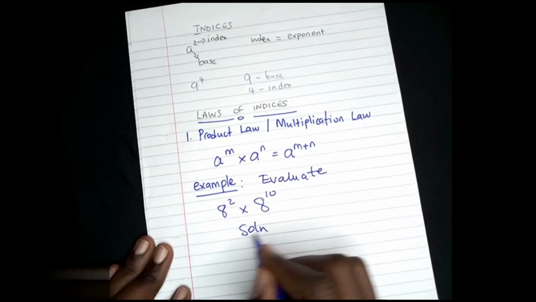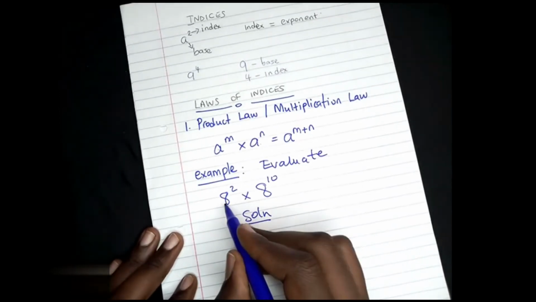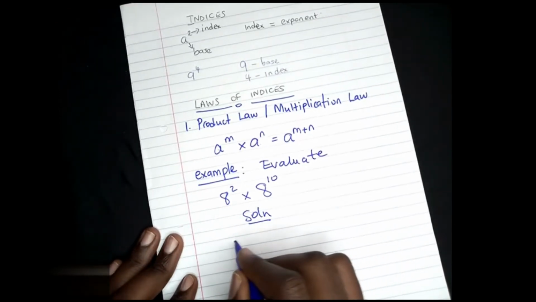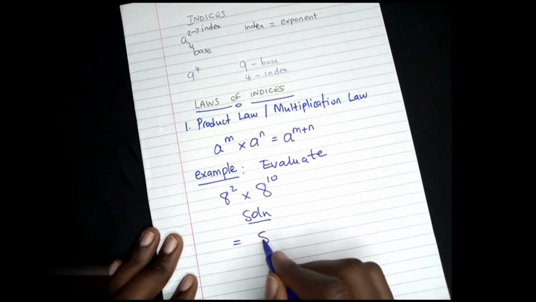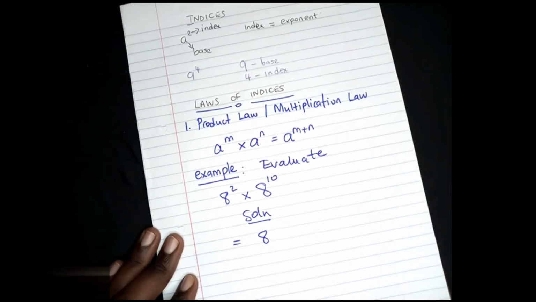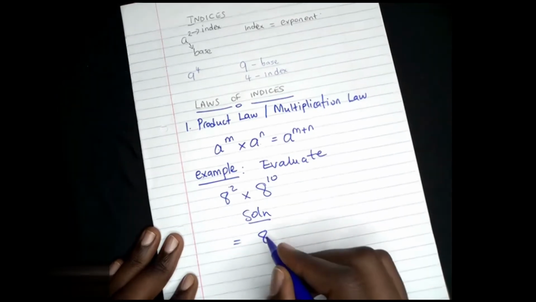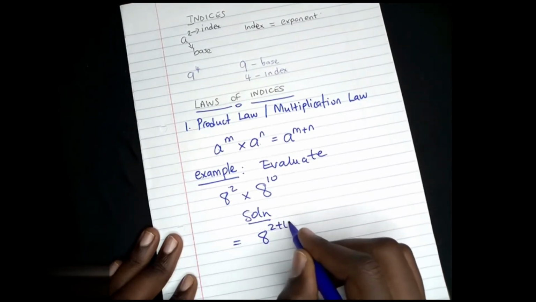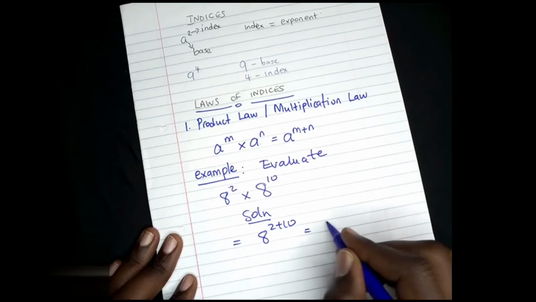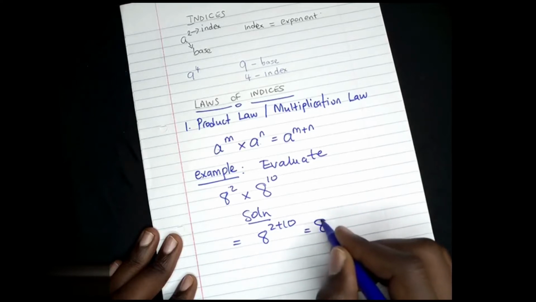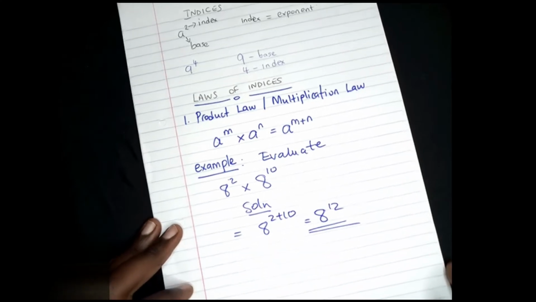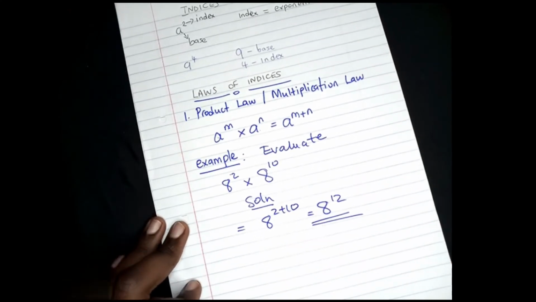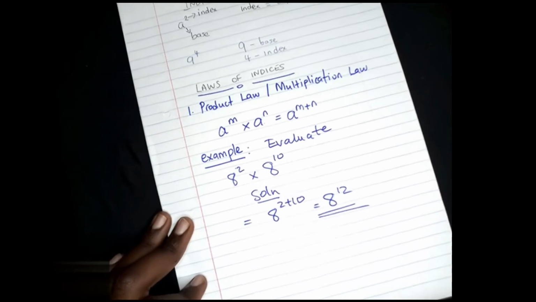Solution: since the base is the same, you'll simply rewrite the base, but the indices will be added, and that becomes our answer. And we are done with the first law.